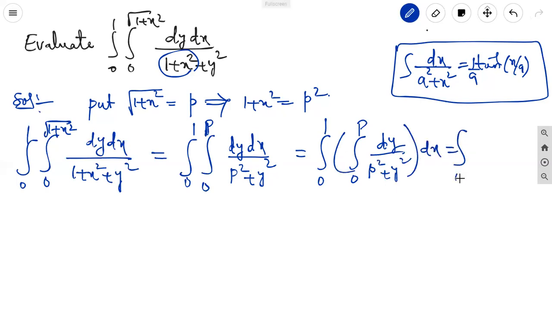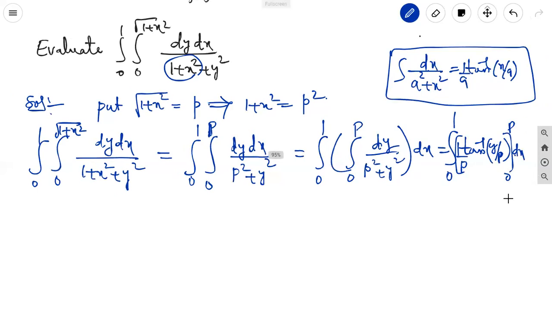It is equal to integral from 0 to 1, tan inverse y by p into 1 by p, limits from 0 to p, dx. Here 1 by p is written outside because p is equal to under root of 1 plus x square.